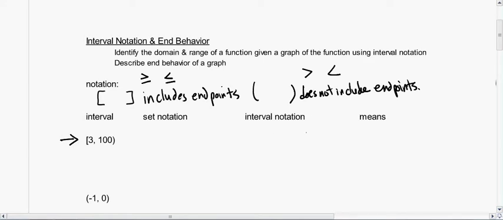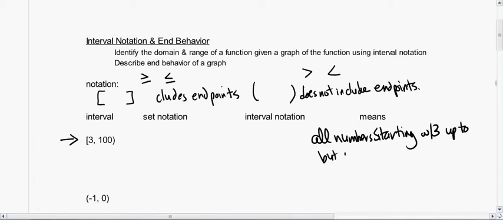So this interval notation means that it's going to be all numbers starting with 3 up to, but not including 100.